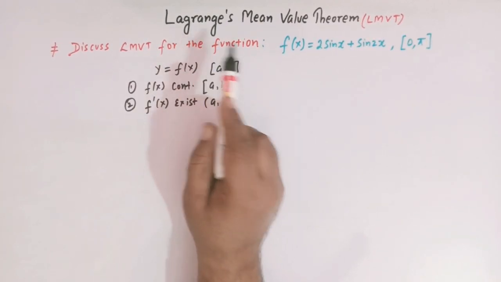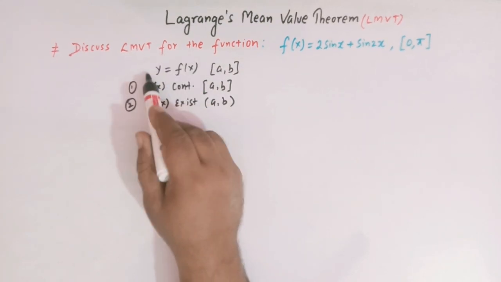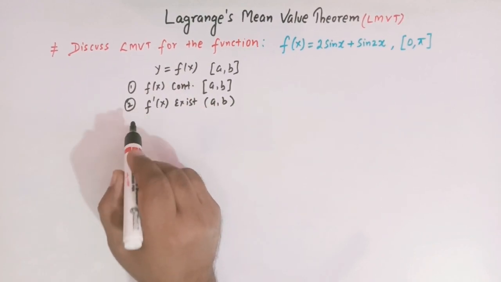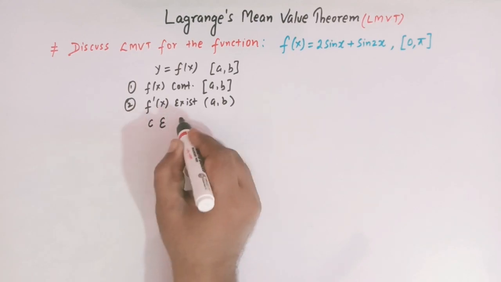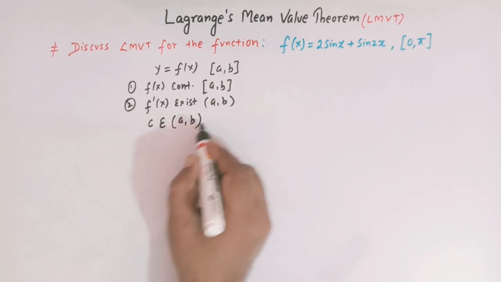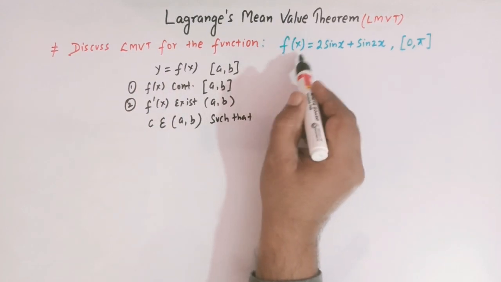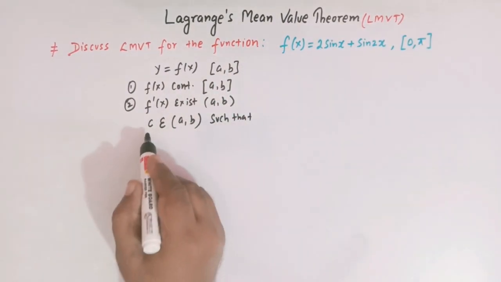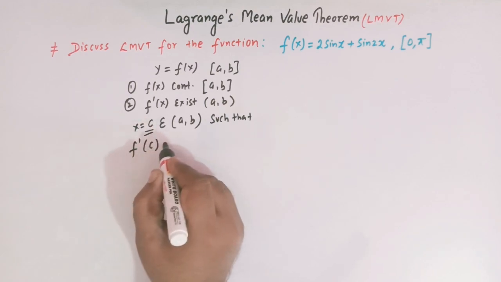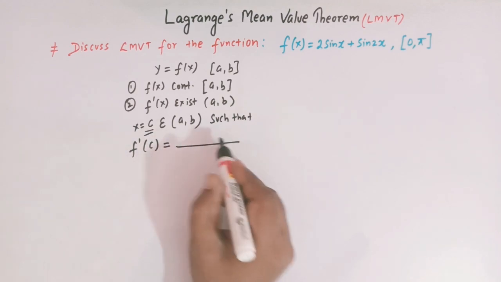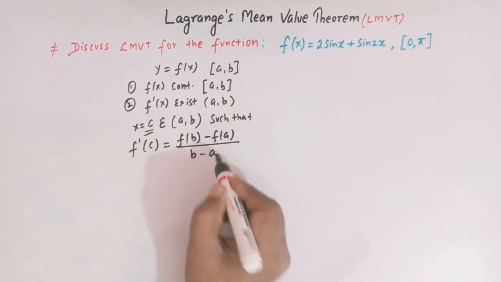Then Lagrange's mean value theorem says that if these two conditions are satisfied, then there must exist some point between a and b, say the point is c, which belongs to the interval a comma b, such that the derivative of this function f of x at x is equal to c, that is f prime of c, must be equal to the quotient of f of b minus f of a divided by b minus a.